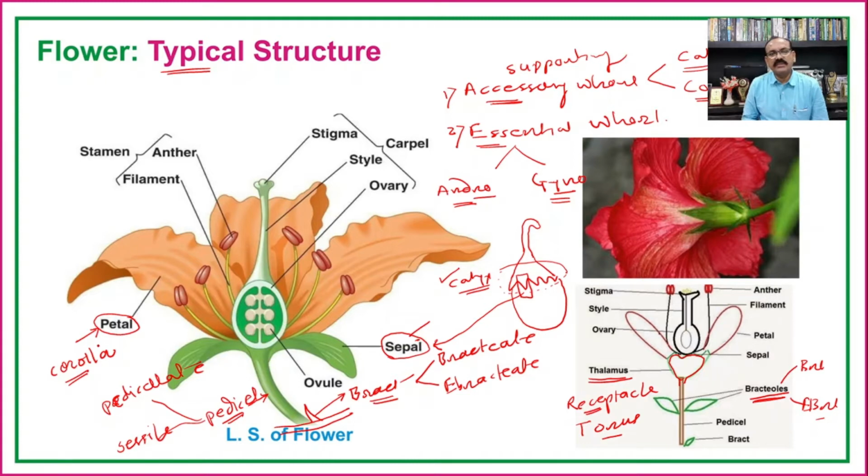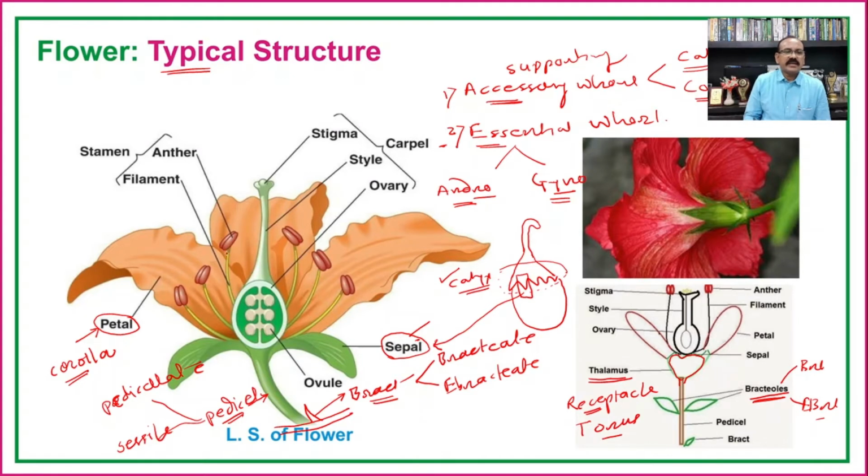Or in other words, we can say that the individual member of the corolla is known as the petal, or the corolla is made up of petals, one and the same thing. Then inside the corolla there is the presence of two whorls. One is androecium and the second one is a gynoecium.